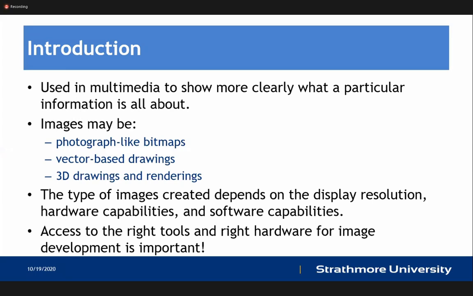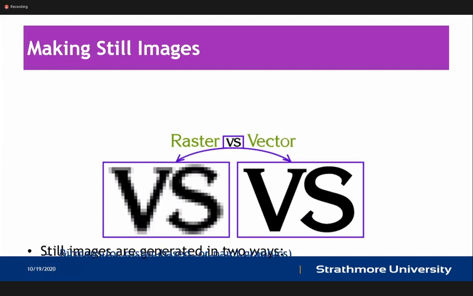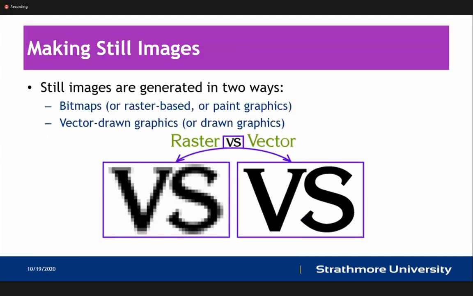Now, the difference between vector and still image or raster-based bitmap. As you can see here, the raster image is pixelized. You can already see it losing quality as you zoom out.